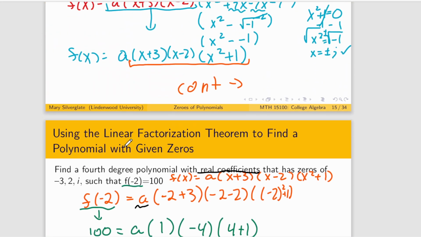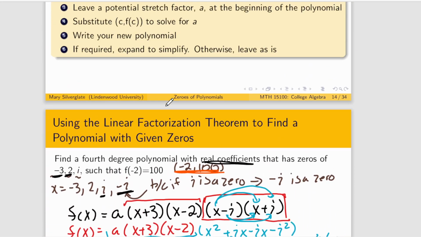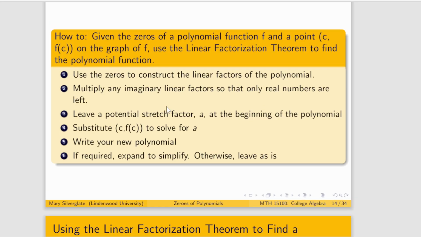So let's backtrack to those written steps to see how those worked. The first thing we did was construct our linear factors. So that was x plus or minus some sort of number. And then whenever we had imaginary ones, we wanted to multiply that out. And that would also still apply even if there was a more complex imaginary number going on.